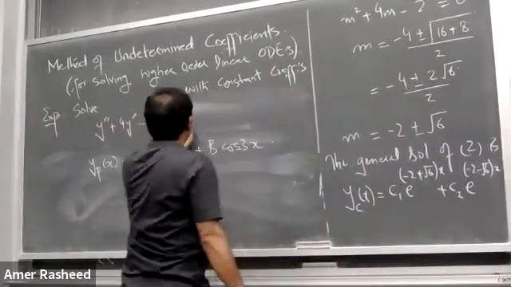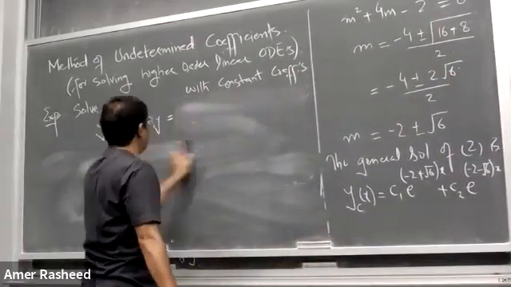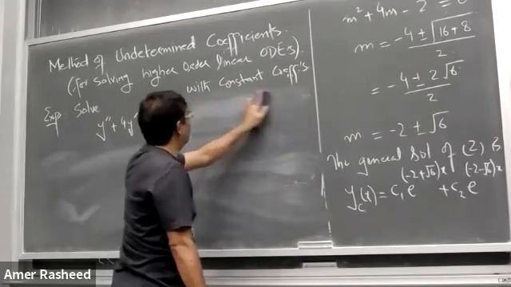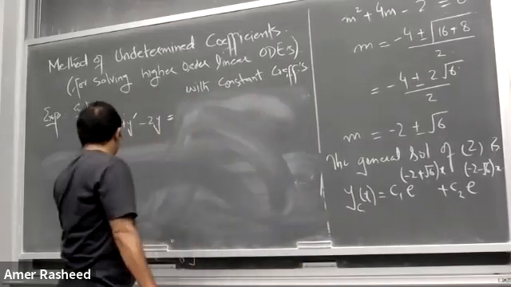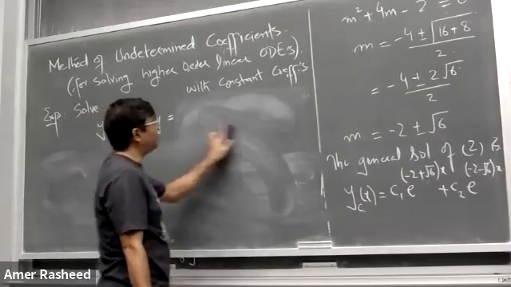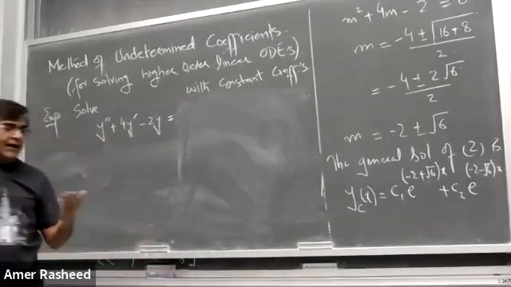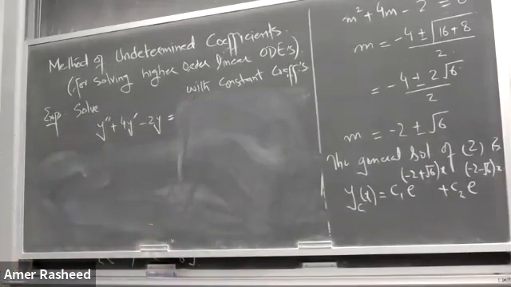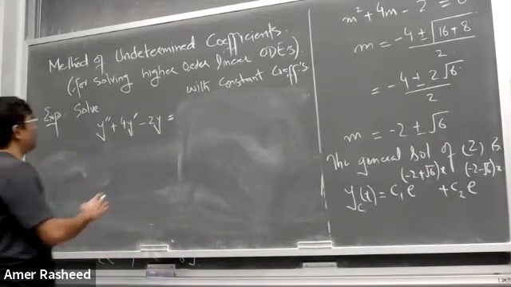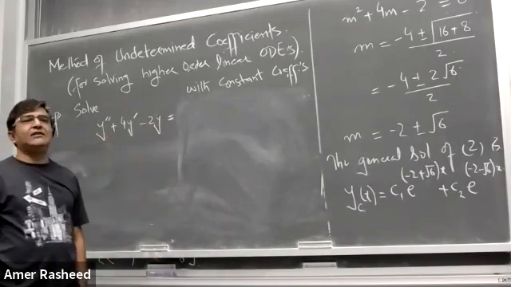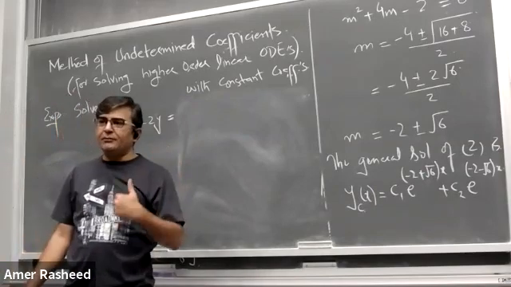Now, if there are sums or products, I also told you what kind of functions on the right-hand side allow us to find the particular solution. There are some functions which, if they appear on the right-hand side, mean we cannot solve the differential equation using the method of undetermined coefficients.